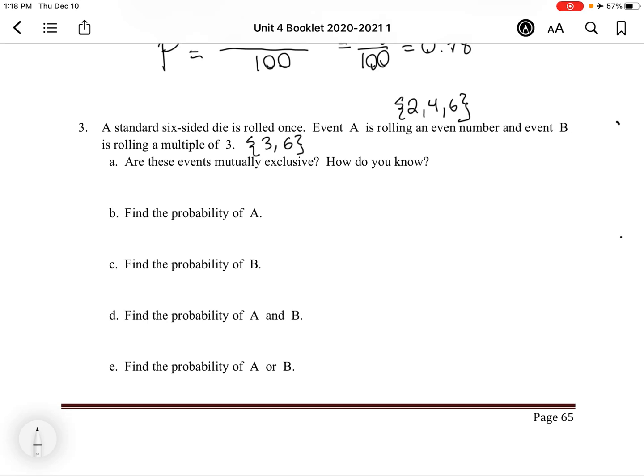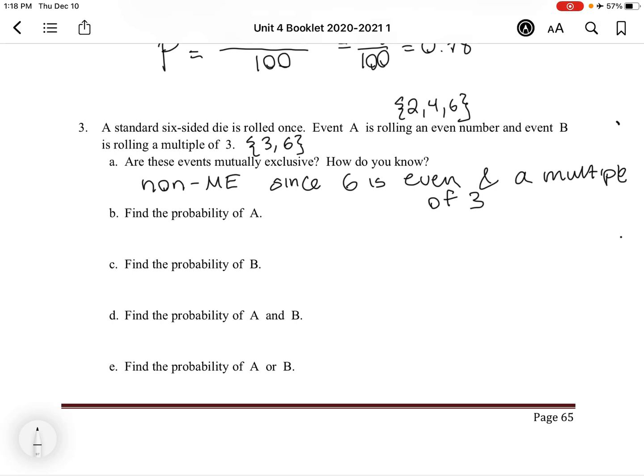Okay. Are these mutually exclusive? Well, could they both happen at the same time? They could, because you could roll a 6. So these are non-mutually exclusive. And that's since 6 is even and a multiple of 3.